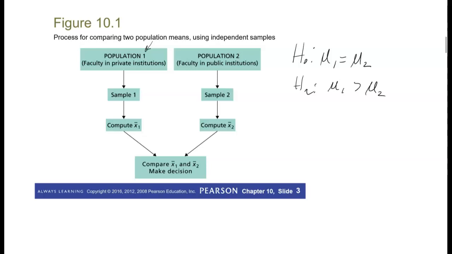We would go the other direction. Maybe we are checking to see if they're just not equal to each other. So that alternative could be one of three factors, just like when we dealt with one population mean. Could be less than, could be greater than, could be not equal to. But the key here, your null hypothesis is always going to be mu1 equals mu2, and also make sure you define those two populations.